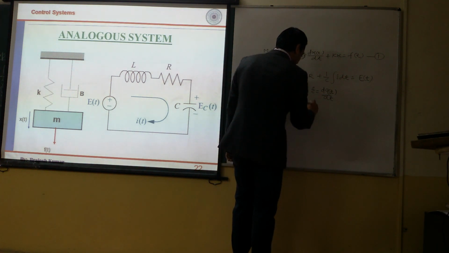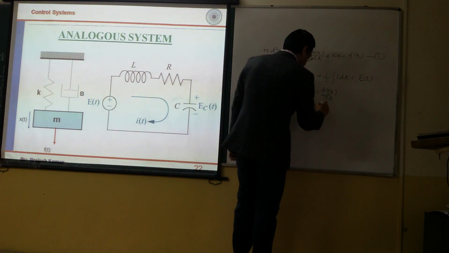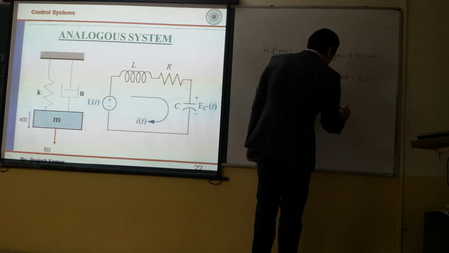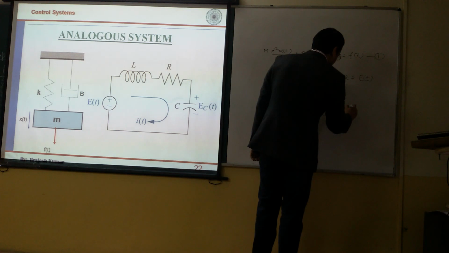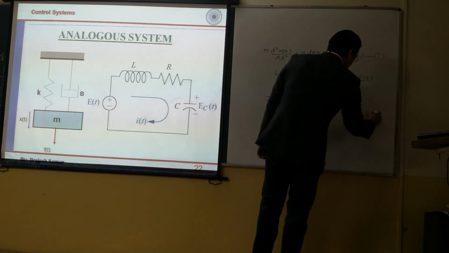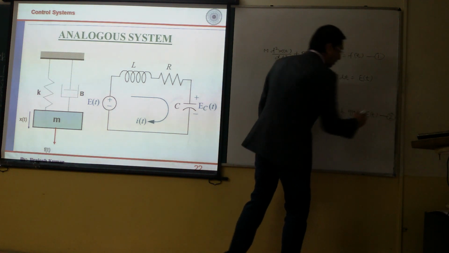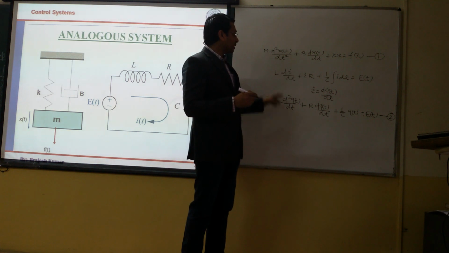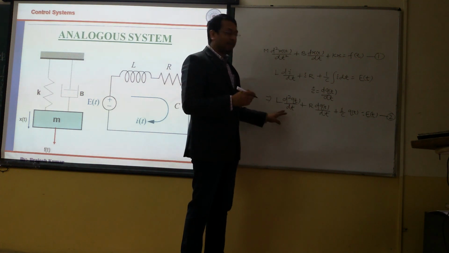Plus R dq upon dt plus 1 by C, and you can say q(t) will be equal to E. Now if you try to compare your equation 1 and equation 2, you will have the similar form.